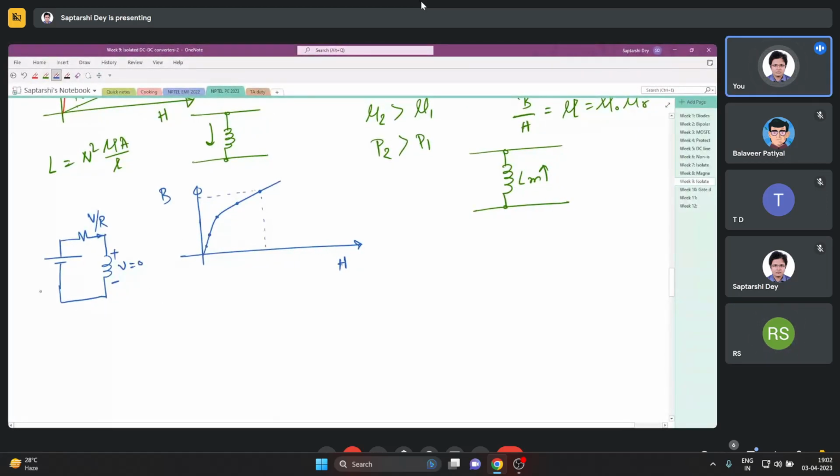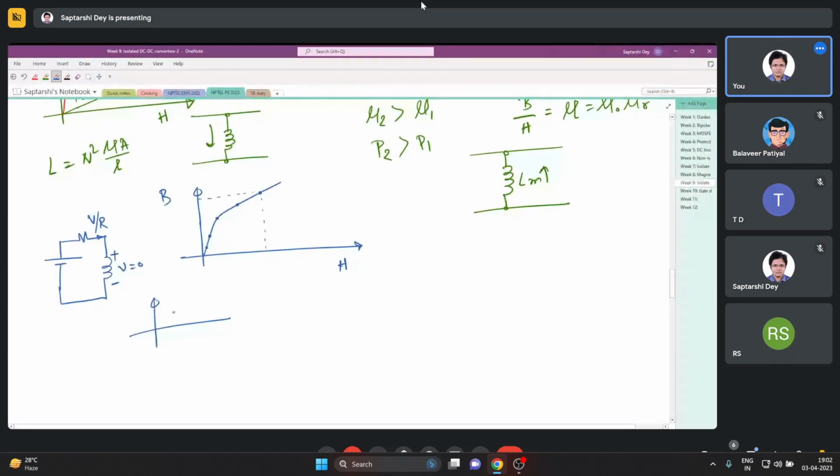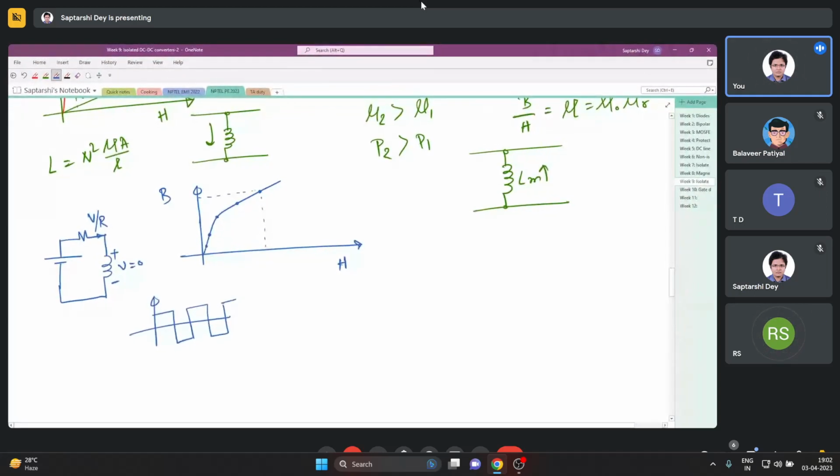Now suppose instead you are giving a voltage like this to an inductor, with an average voltage of 0, and it is causing a current swing which is restricted inside this zone. Then you will get a current like this.